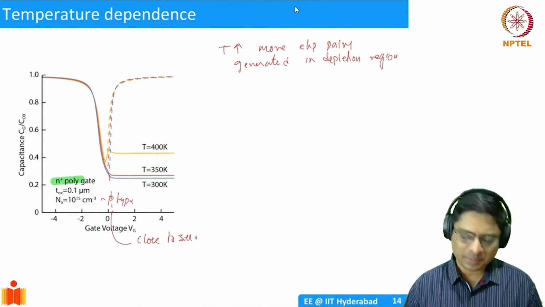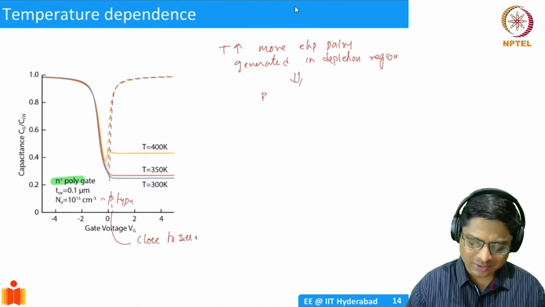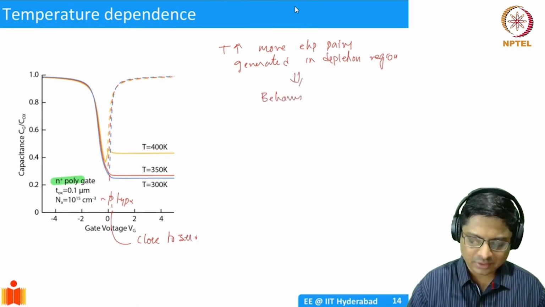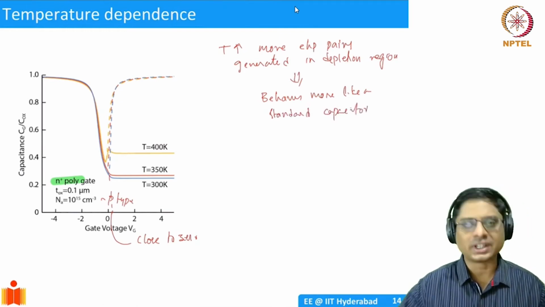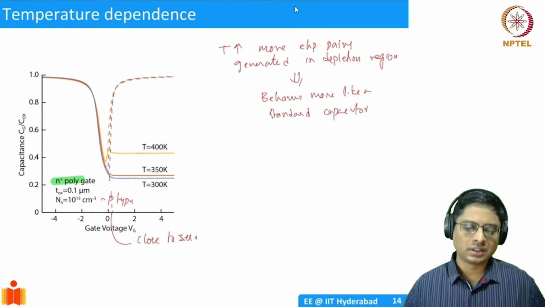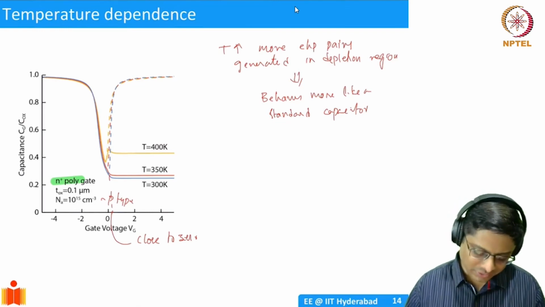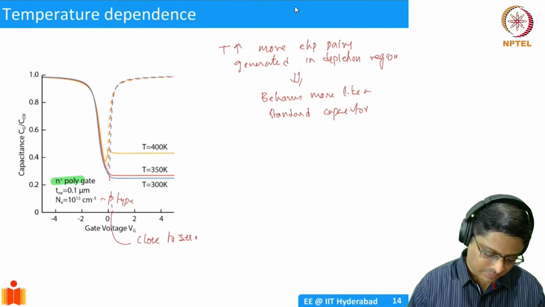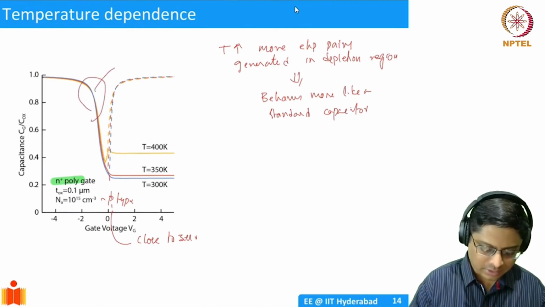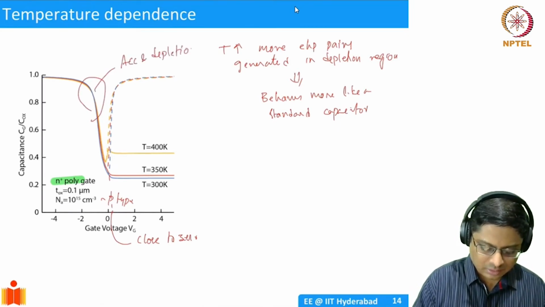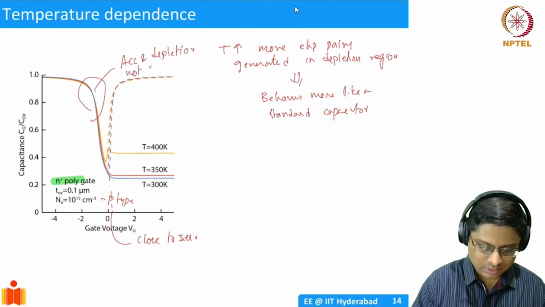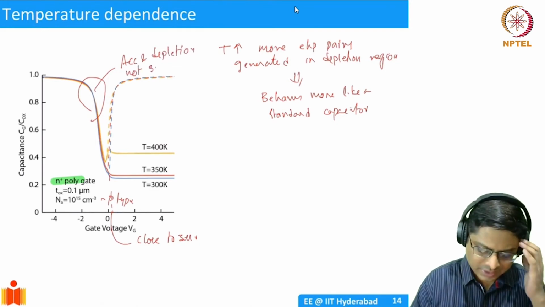So if you have more EHP pairs, essentially this behaves more like a standard capacitor, right? So it tends to go up. Okay. So, and also one important thing to notice here, right? Accumulation and depletion are not significantly affected.